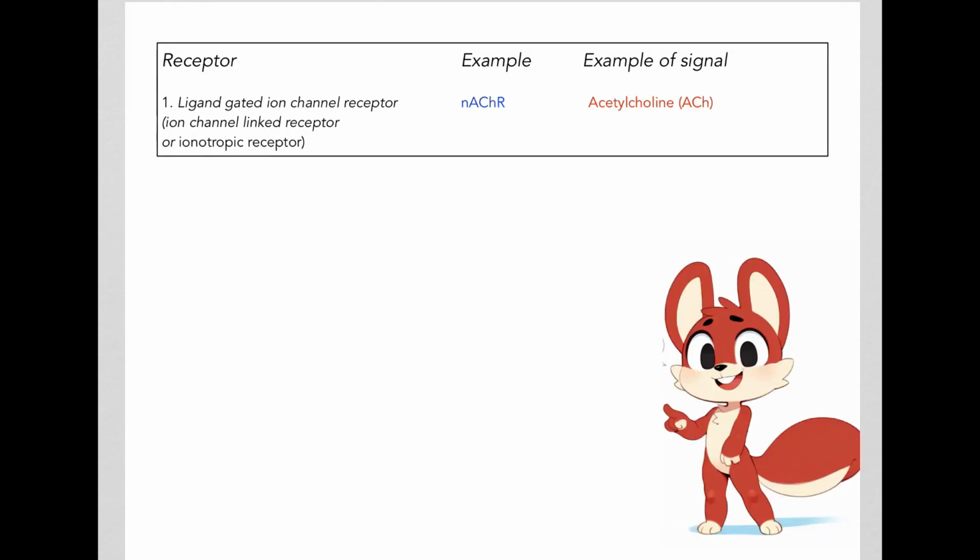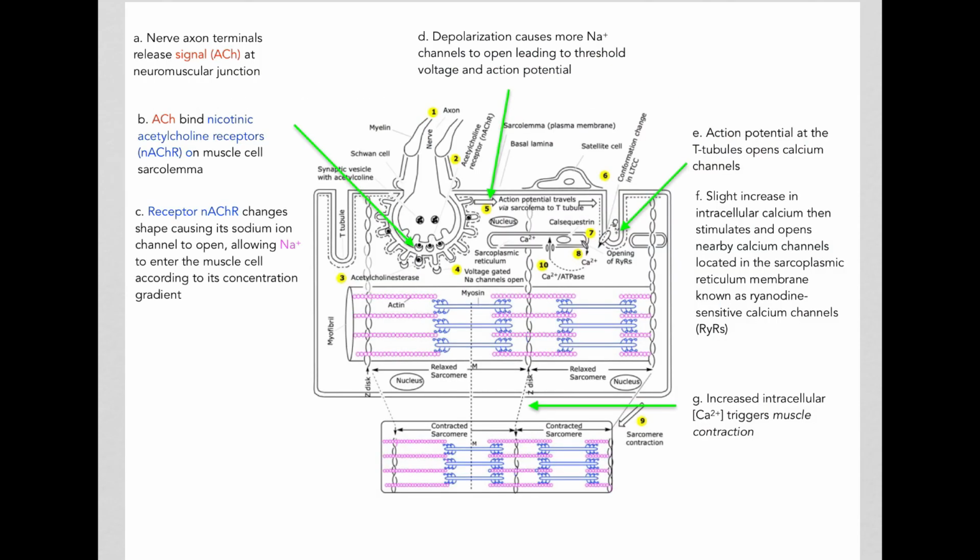So in this video, we are going to focus on the ligand-gated ion channel receptors. We'll look at a few examples of these receptors as well as the signals that they bind to. Let's first look at this nicotinic acetylcholine receptor where the signal is acetylcholine. So here we discussed this in a previous video.